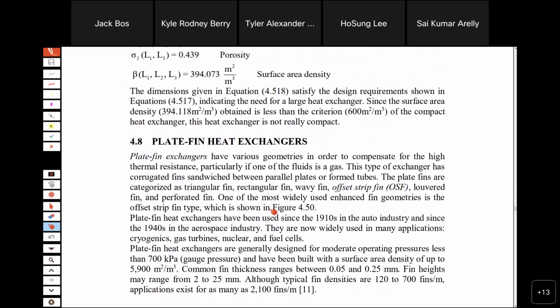This is the best heat exchanger so far, as far as I know. Okay, so we'd like to look at it.